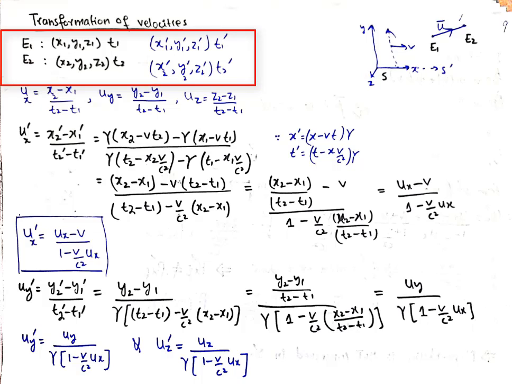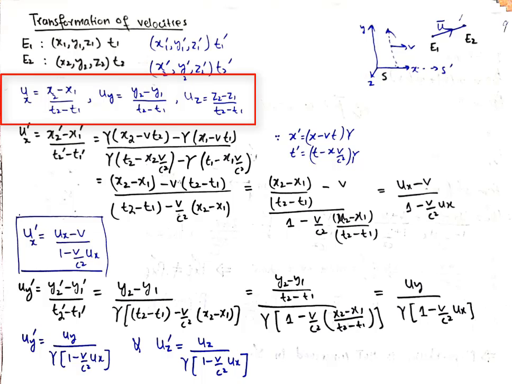And event 2 is, since the particle is moving, after some time, let's say the time is now t2, the particle will have another location and this location will be x2, y2, z2. And similarly in S prime frame we can write these coordinates for the events. So this will be x1 prime, y1 prime, z1 prime and t1 prime, and similarly x2 prime, y2 prime, z2 prime and t2 prime.